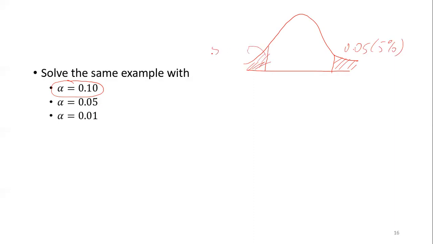This is the 5%, which is equal to 0.05. What I will try to do is find the points here, so that to the right of this you have 0.05 of the data, and to the left of this you have 0.05 of the data.